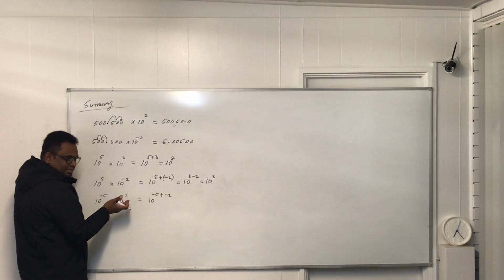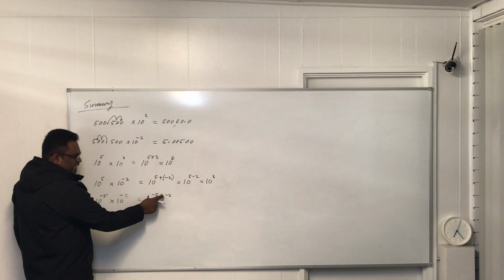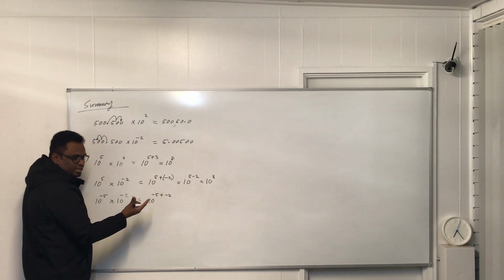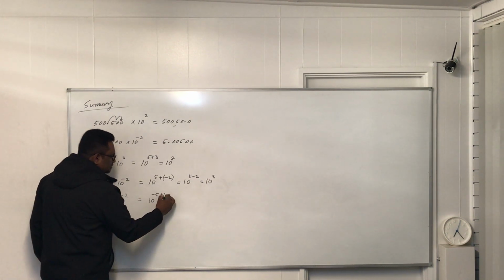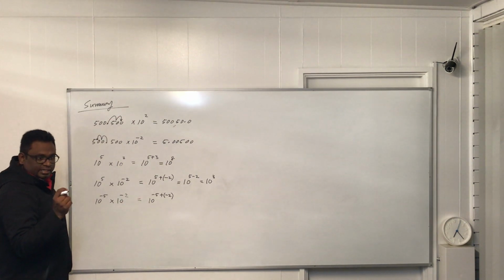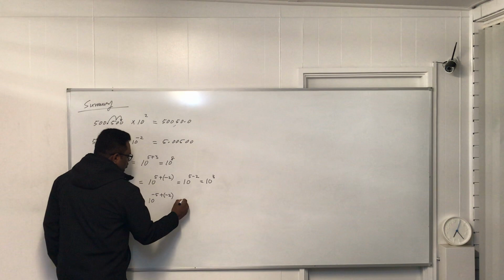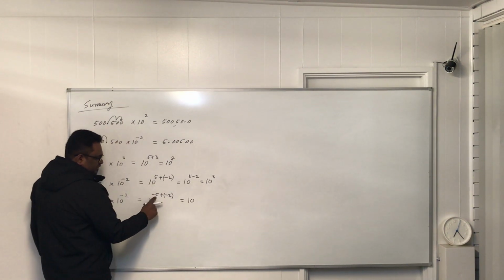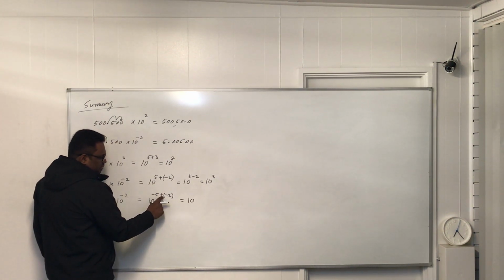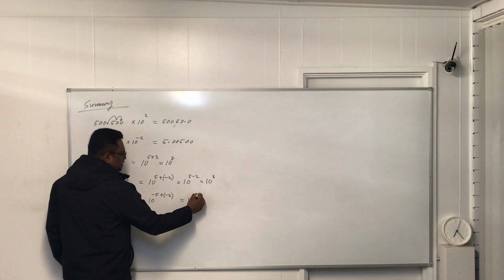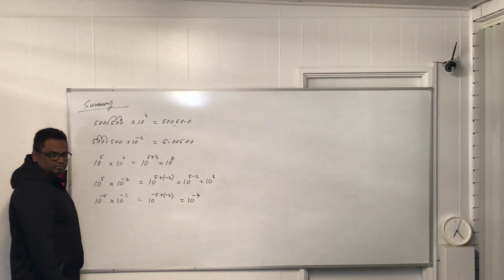So you write it like that, right? If you have plus and minus together, you put a bracket. These are very neat techniques you have to understand, okay? Then it would be 10 to the power minus 5 plus minus 2, which is going to be minus 7, right?